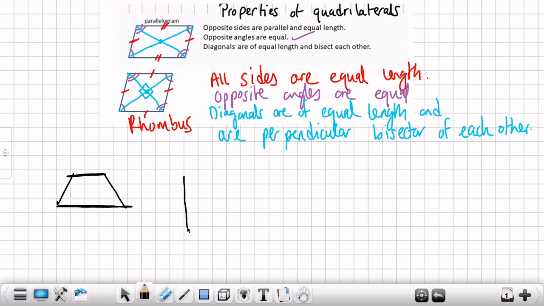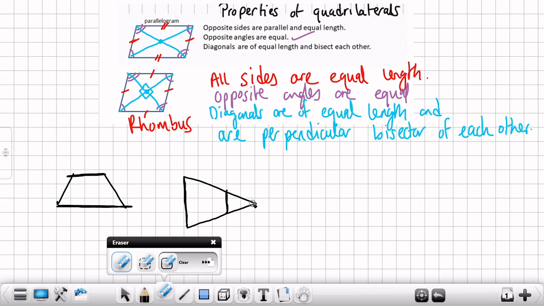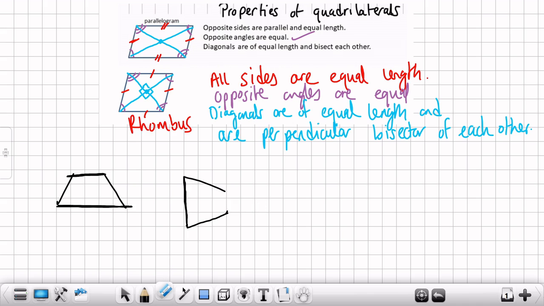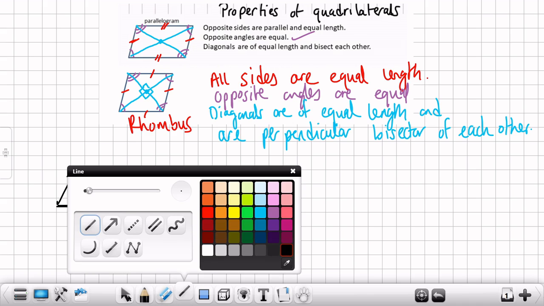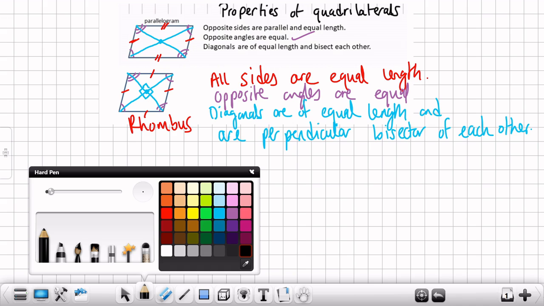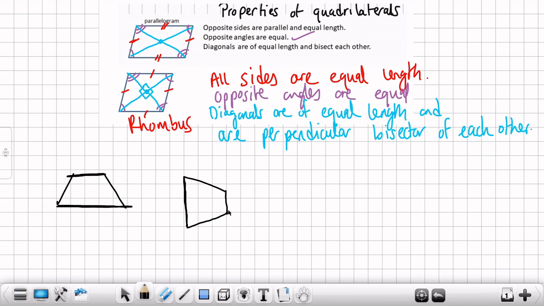Right, you could also have it this way as well. You can have a triangle lying on its side. Right, let's assume this is the top. Yeah, you chop the top off and make sure this line is parallel to this line, like train tracks. Right, that's a trapezium.